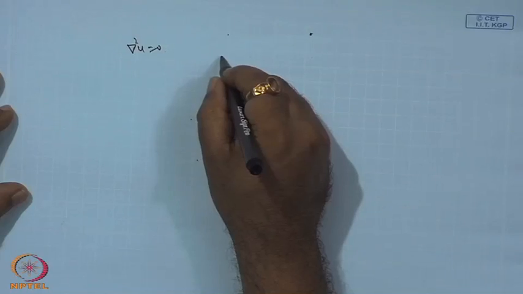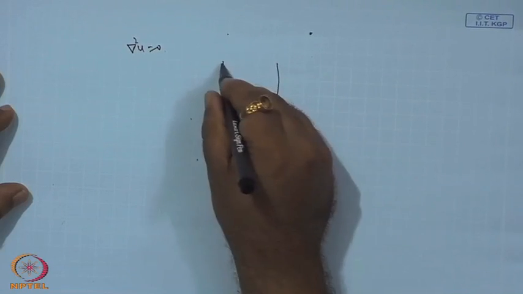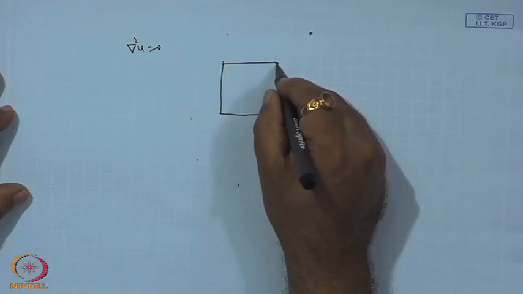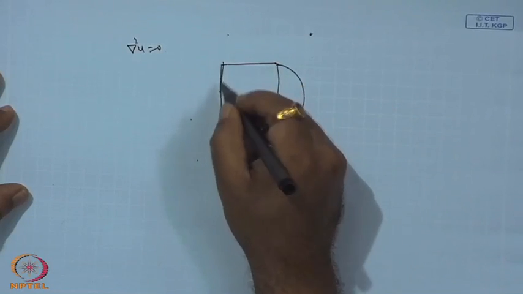So, for example, we are solving Laplace equation and the boundary is something. Suppose just now we have solved on a square. Suppose there is an extension given. So, this is our new boundary.